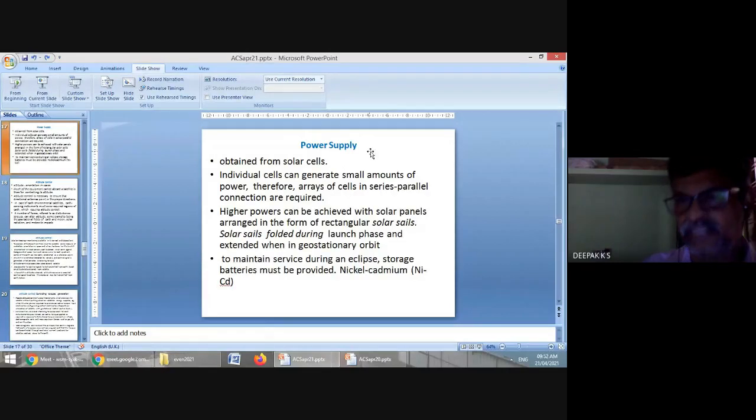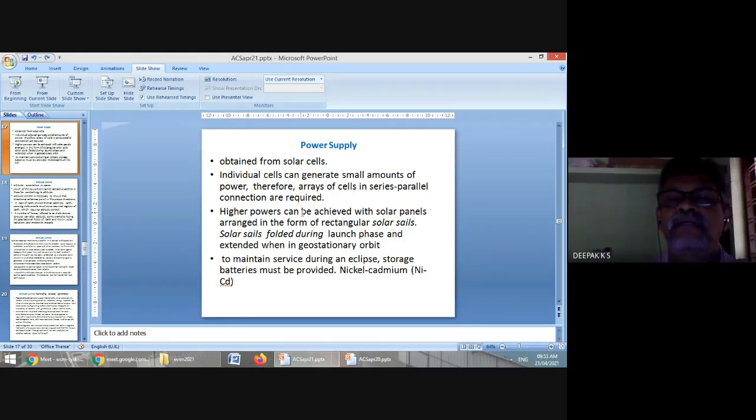The first component in the satellite's supporting subsystem is the power supply. It is obtained from solar cells. Individual cells generate only small amounts of power, so naturally an array of cells in series-parallel connections is required.